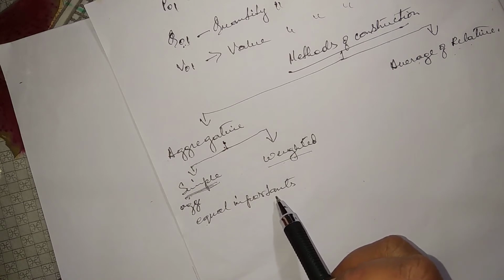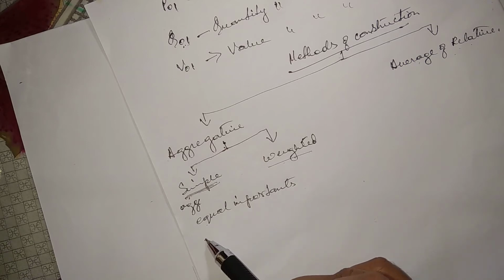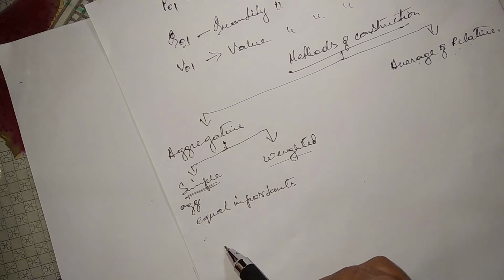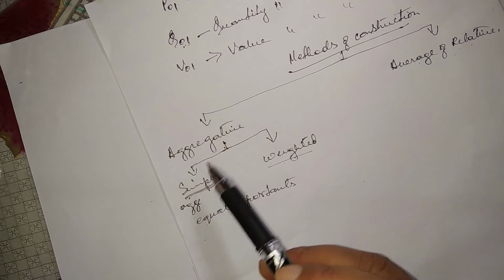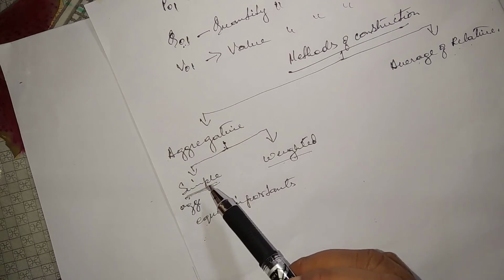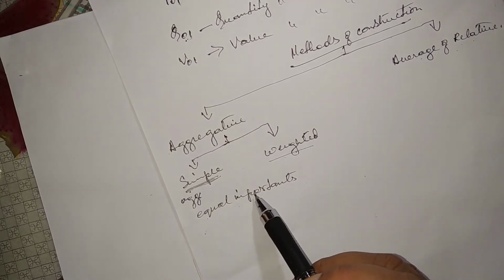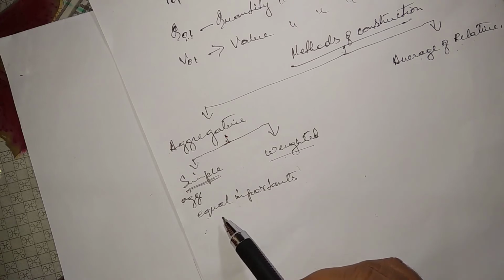That means we are not giving importance only to some of the commodities. For example, we have 5 subjects in a year, and we are giving importance to all the 5 subjects.